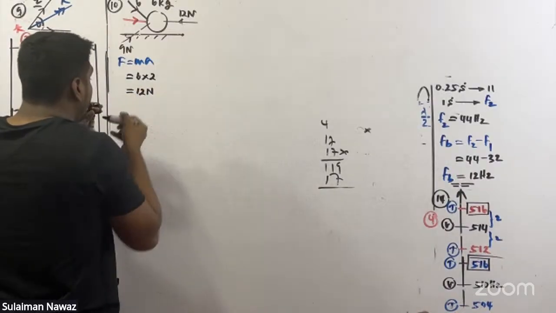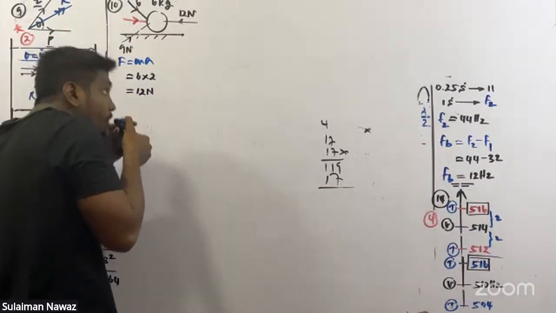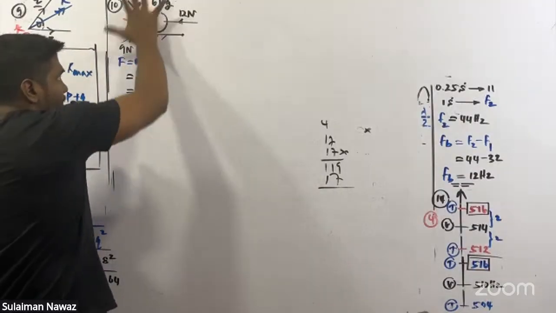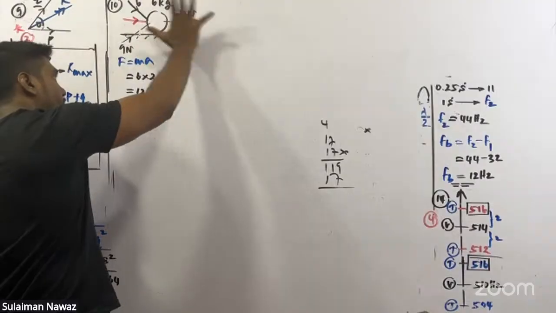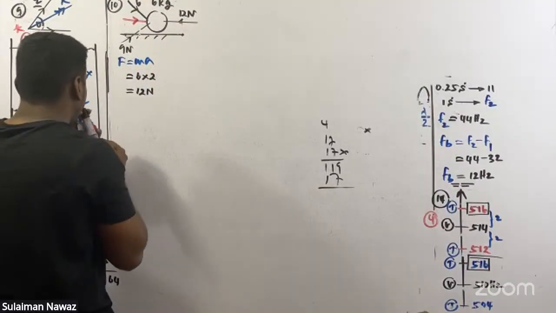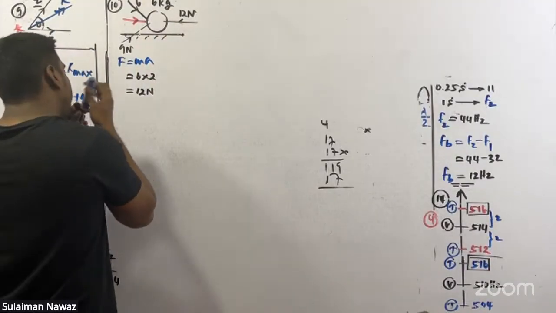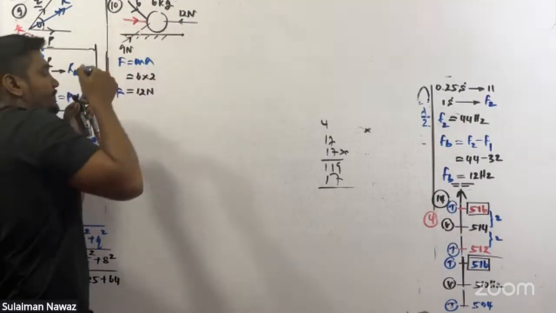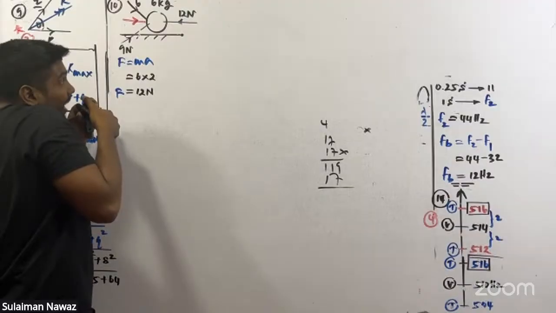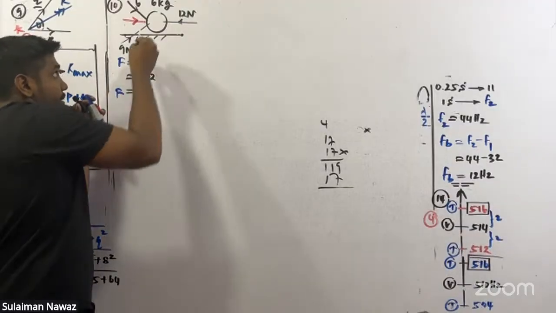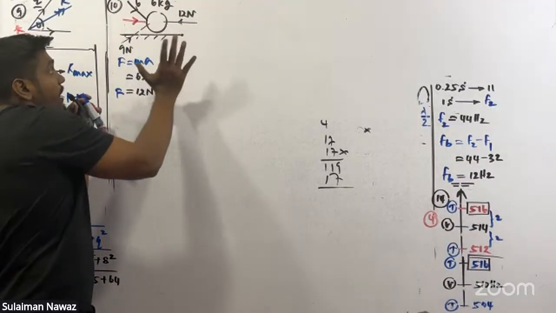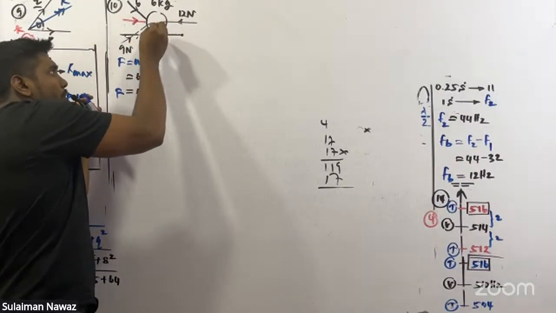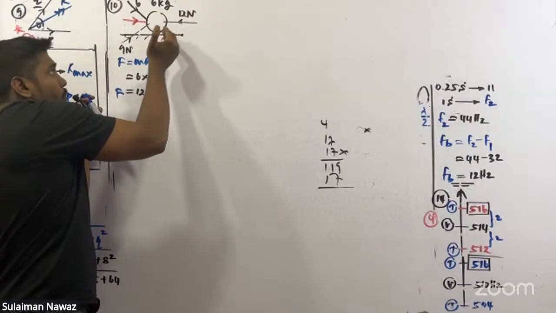Before removing any force, the resultant is 0. Once you remove 1 or 2 forces, the resultant becomes 12 Newton. Then tell me, in order to have a resultant of 12 Newton, what forces can you remove?